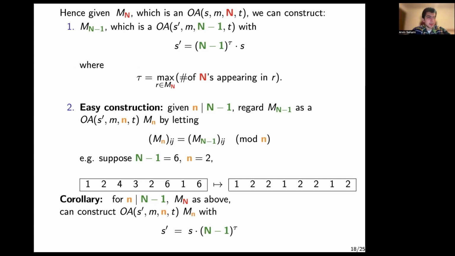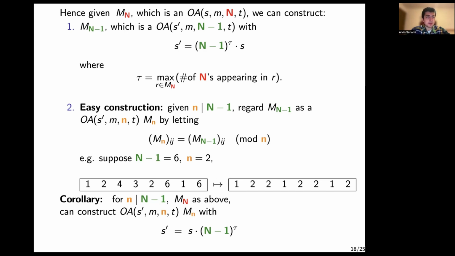You can see that this operation also preserves the independence, and therefore, putting these two together, you get the corollary at the bottom: if you have some small n that divides big N minus 1, and you start from some orthogonal array over big N levels, then you can construct a new orthogonal array which has small n levels, the same strength t, and the same number of columns m.